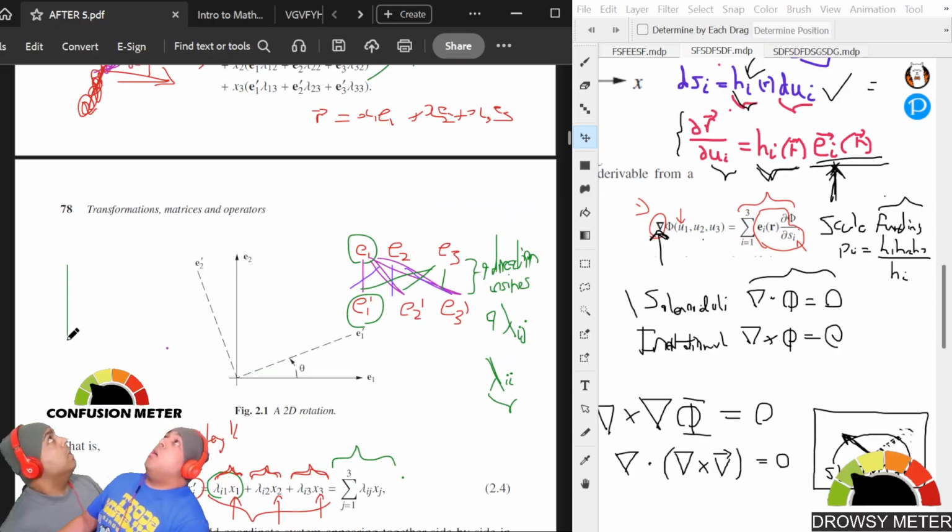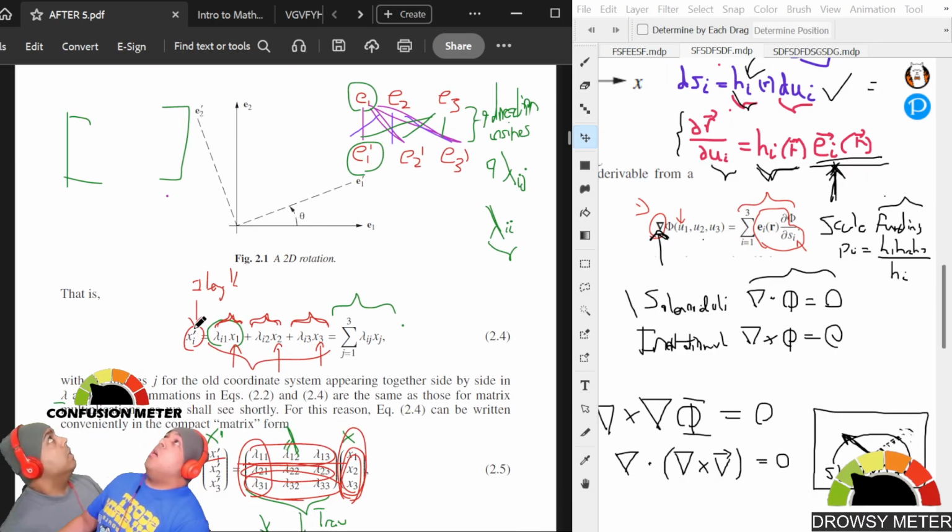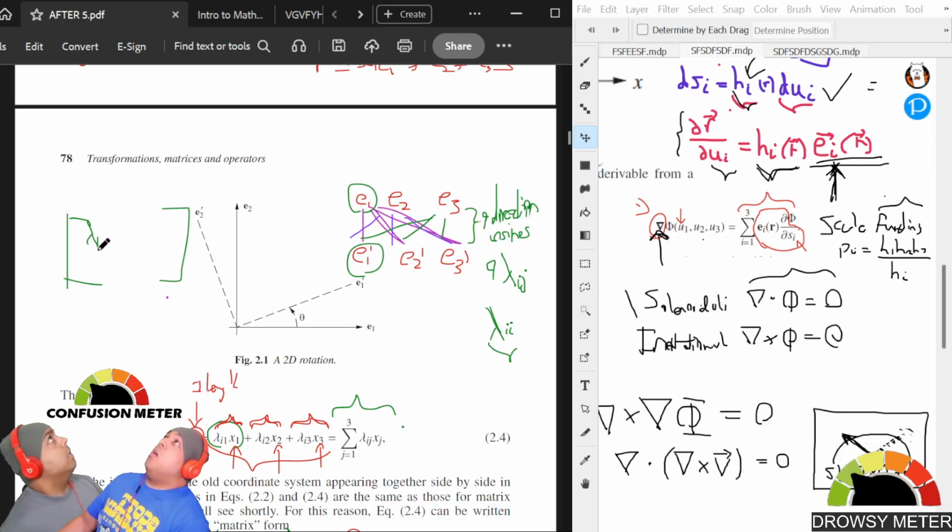Okay, so let me try and do this. Lambda 1,1, lambda 1,2, lambda 2,1, lambda 2,2. What does this mean? Let me call this the old coordinate system. This is the new one. So lambda 1,1, what does that mean? That is the angle between the new one and the old one. This is the old one.